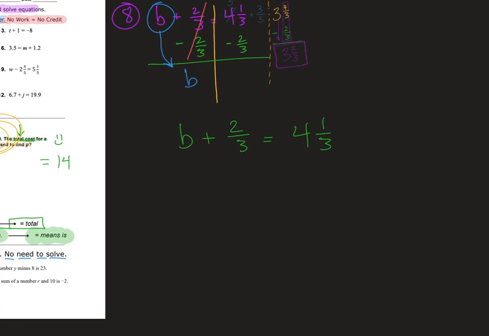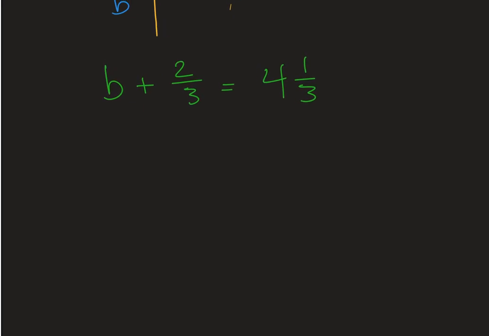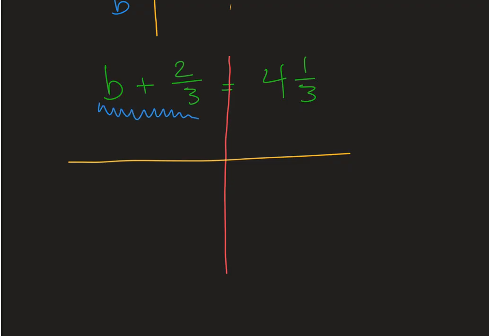So we have b plus 2/3 equals 4 1/3. There's a left side and a right side. And what's happening on this left side is b is being added by 2/3. Well, we want b by itself, so we will be subtracting 2/3. Why subtracting?